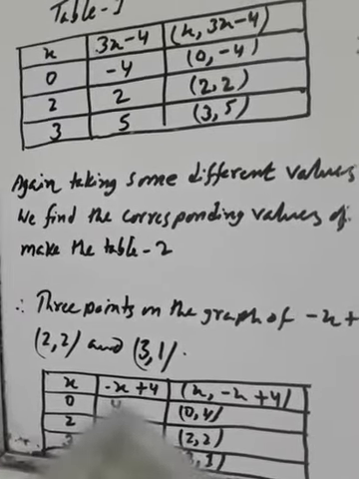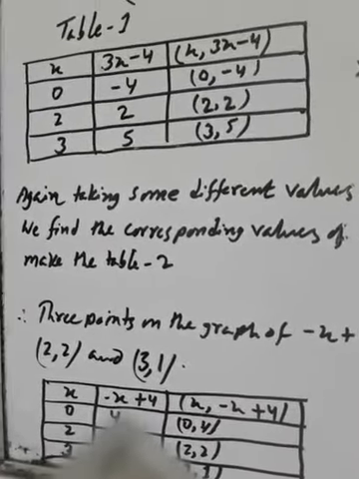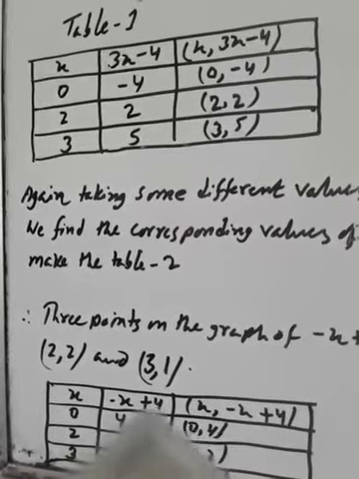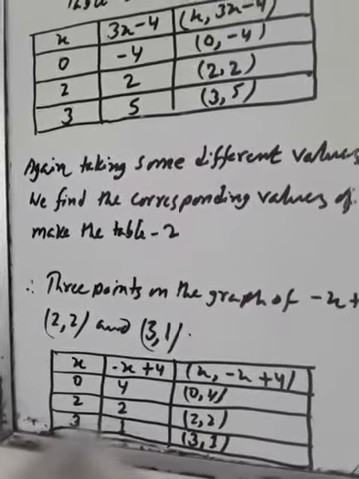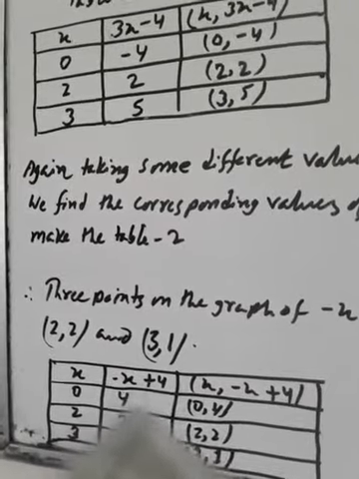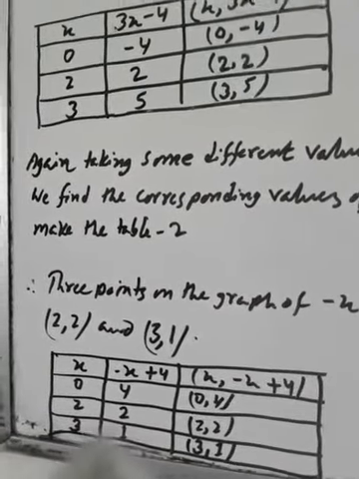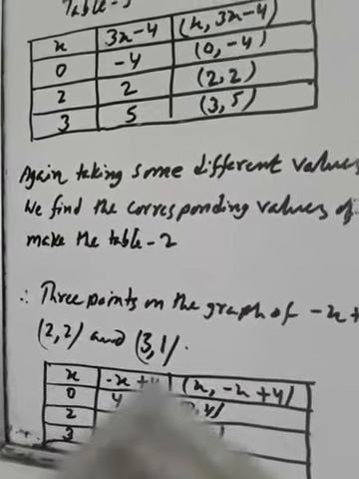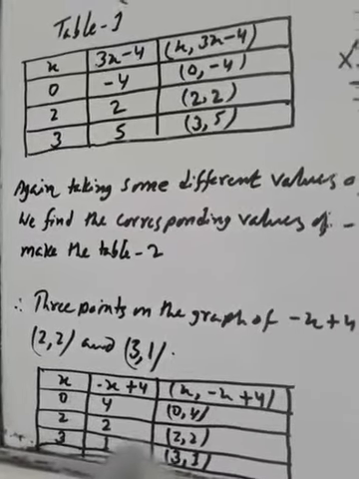For -x + 4, if the value of x is 0, then -0 + 4 equals 4. Then if x is 2, -2 + 4 equals 2, and -3 + 4 equals 1.